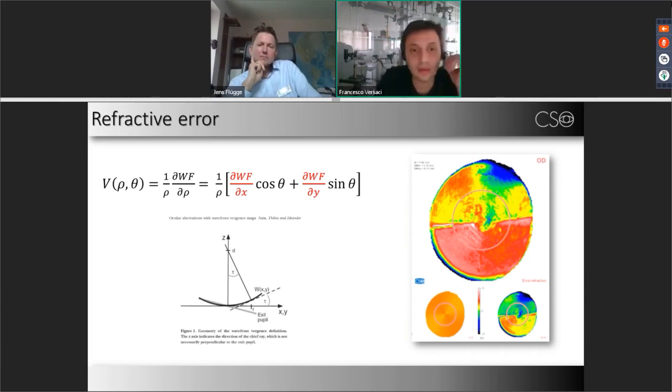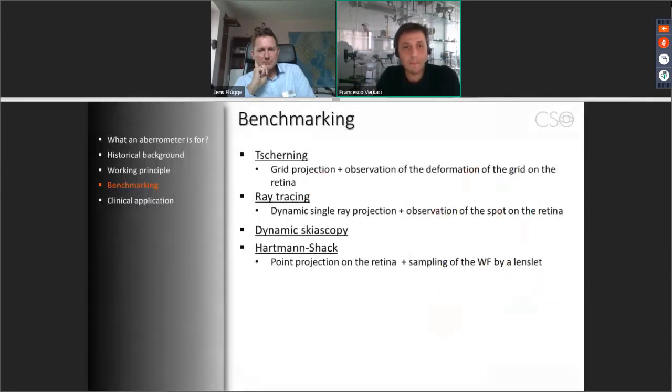We have just seen that our wavefront sensor is basically able to measure such derivatives, and so we could say that the first output of our wavefront sensor is the refractive error of the wavefront.